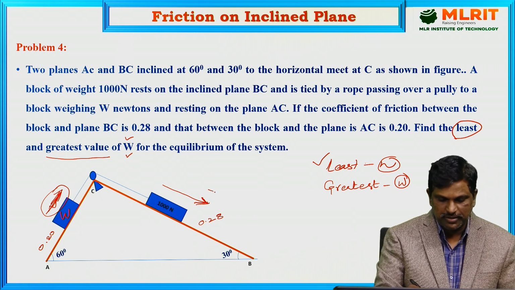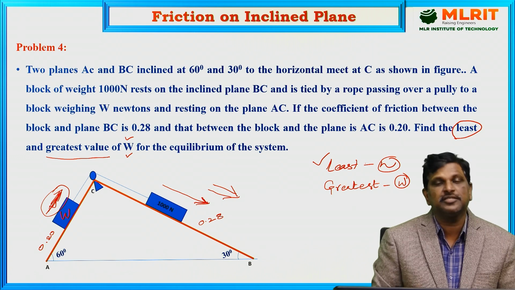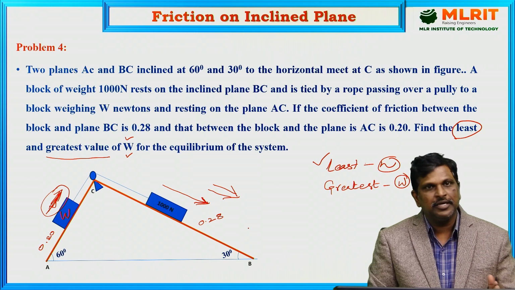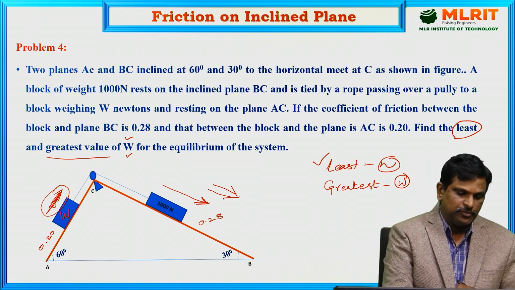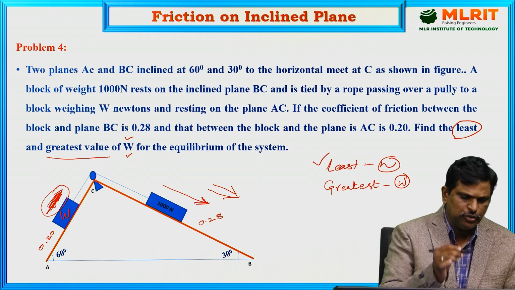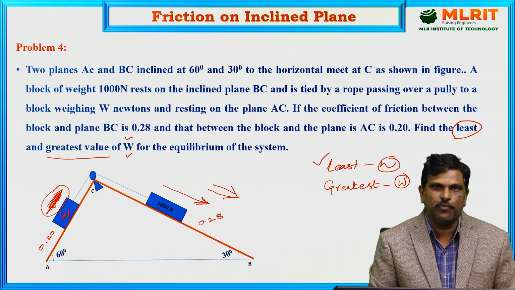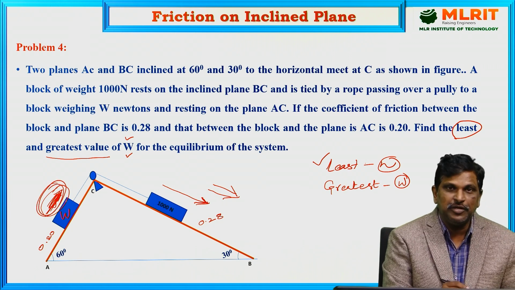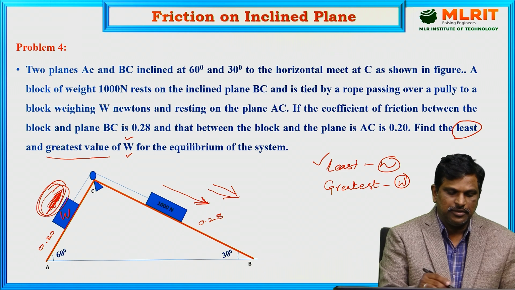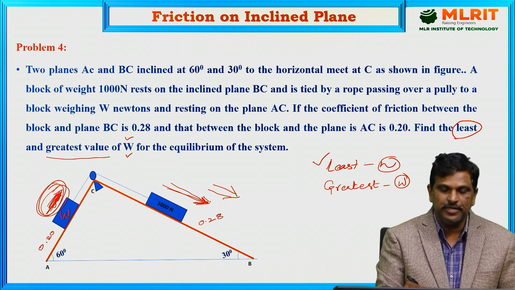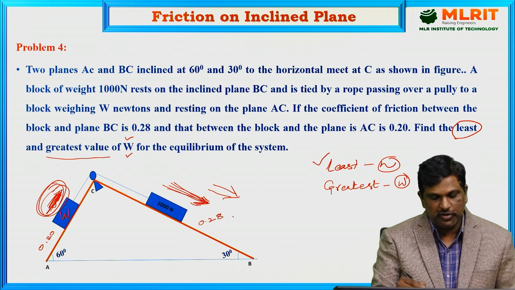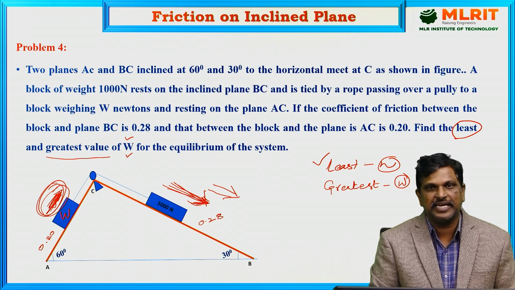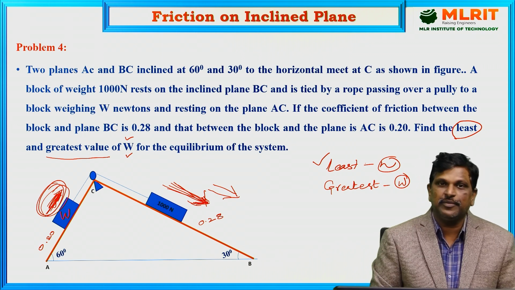The 1000 Newton block is tending to move in the downward direction, so W will be tending to move in the upward direction. That is the least value. If the W value is further decreased, the system starts moving, with the 1000 Newton block moving downwards. That is the least position of static equilibrium. That is the least value of W.